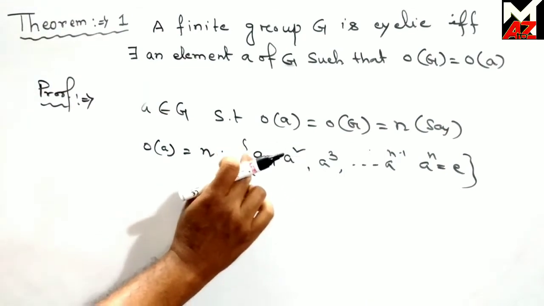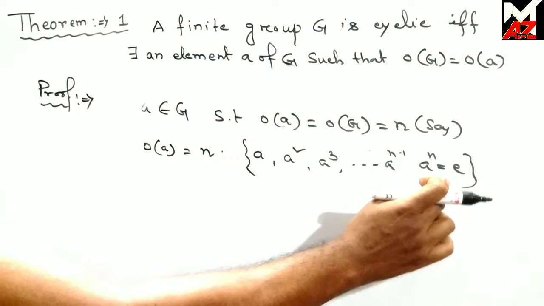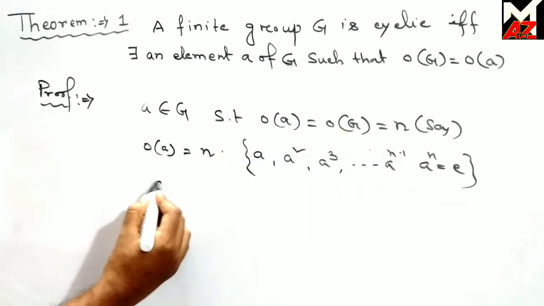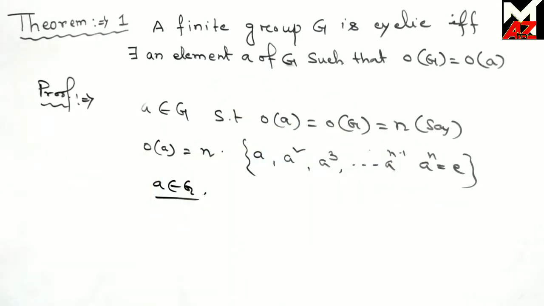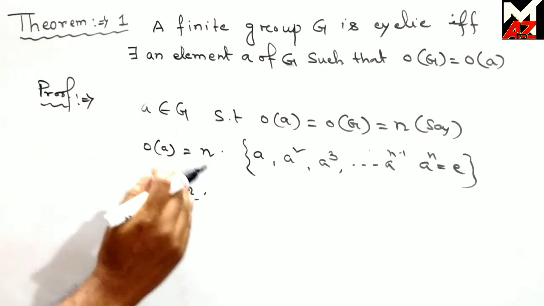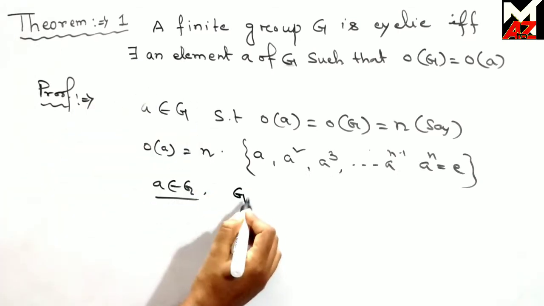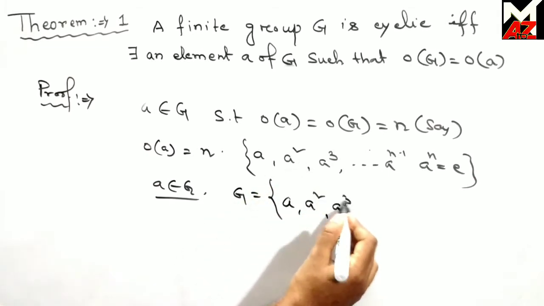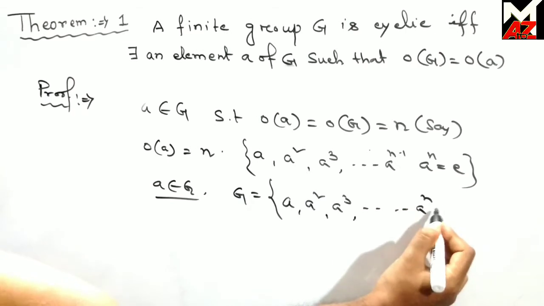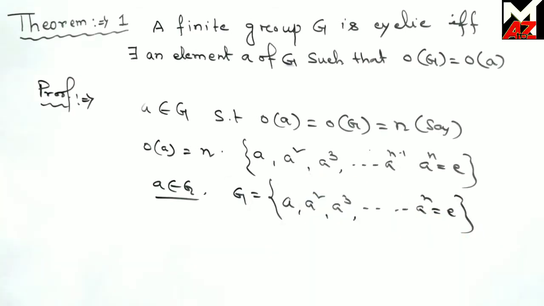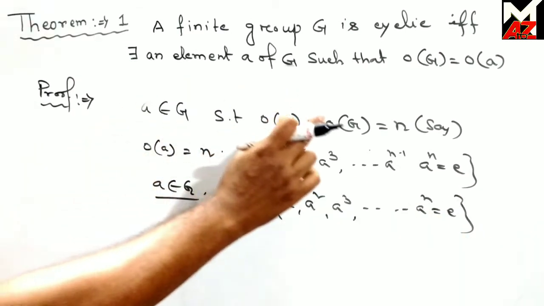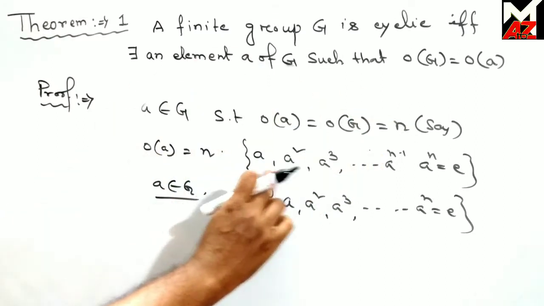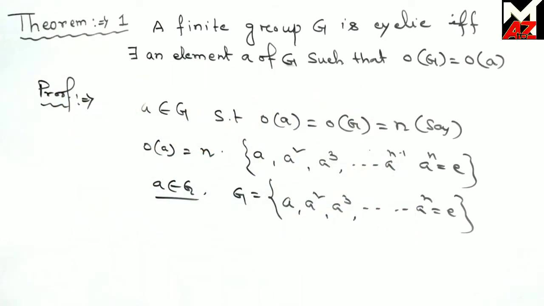And since there are n distinct elements and A belongs to G, we can write G is equal to this set, because order of G is equal to n and these n distinct elements belong to G.